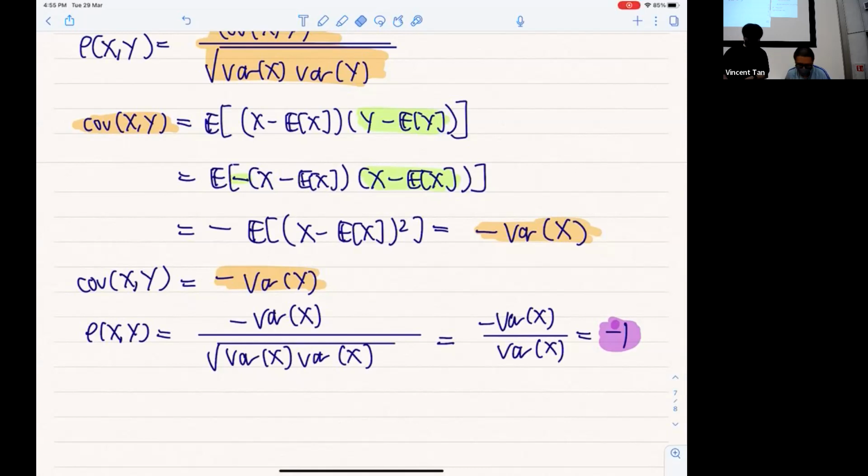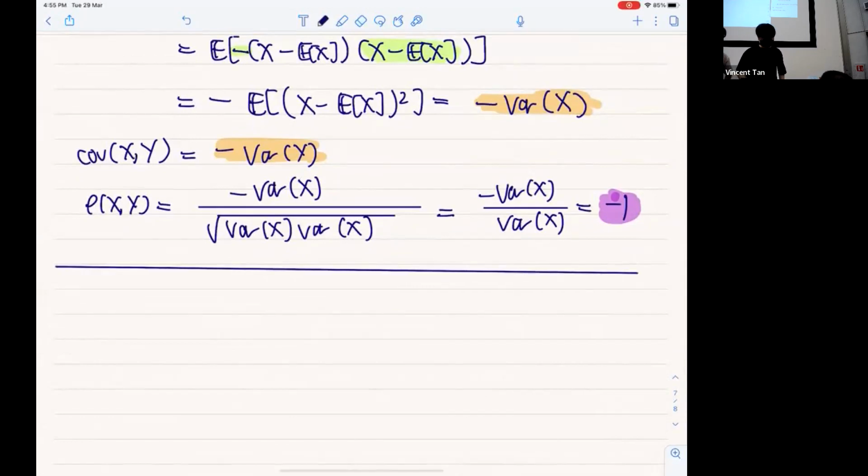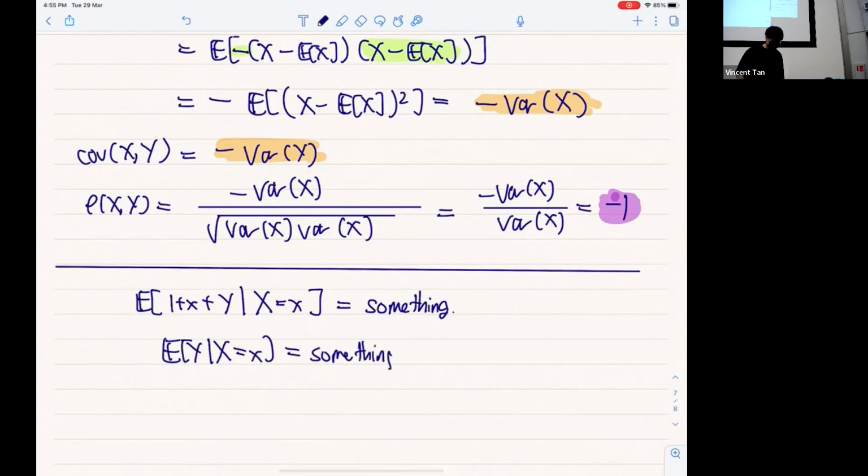Yes, you use linearity. So I help you here. Suppose you have magically found this one, 7C. Suppose you have found this, so you got this something. Now we want this. Then this will be something just minus 1 plus x.